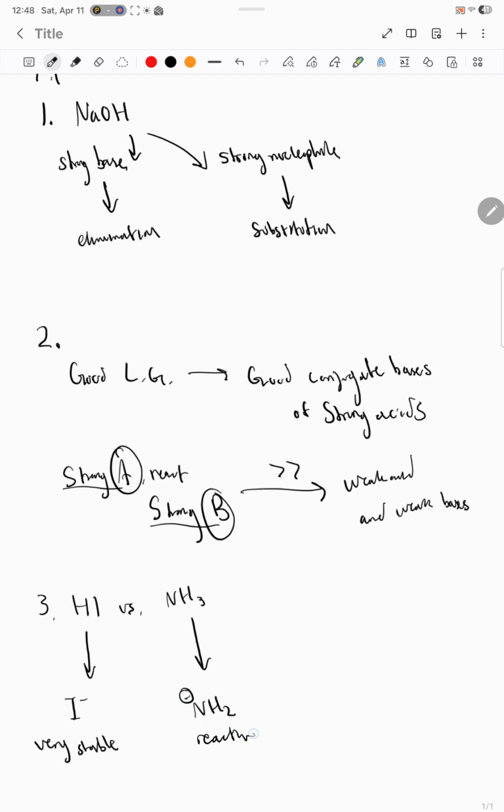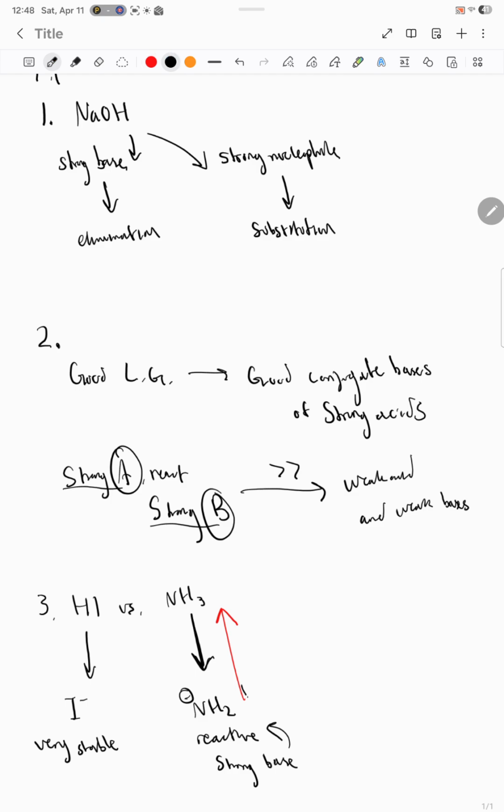Reactive means it's a very strong base, right? Because strong bases want to react a lot. So that does not mean that this will shift in this direction. It rather would go back to the ammonia form.